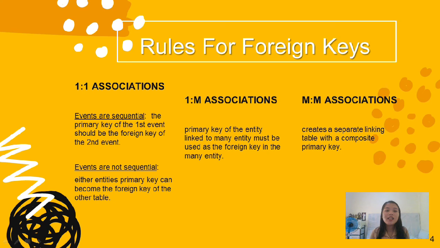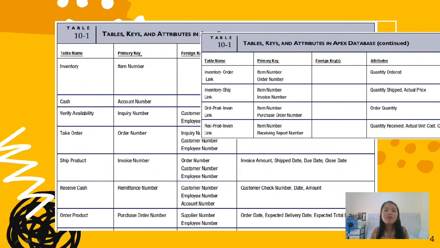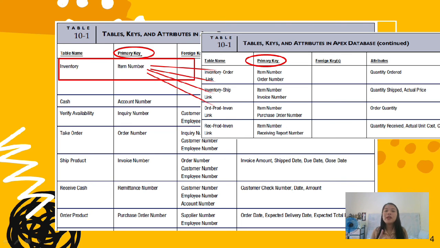By inserting a link between the original tables, the many-to-many association is transformed into one-to-many associations. Take as an example the 5 linked tables presented in Table 10.1: the inventory verify link, inventory order link, inventory ship link, order product inventory link, and the record product inventory link.